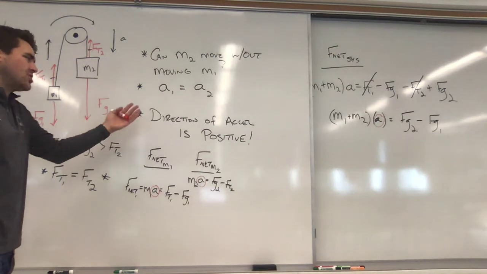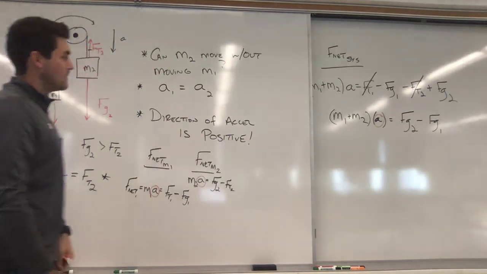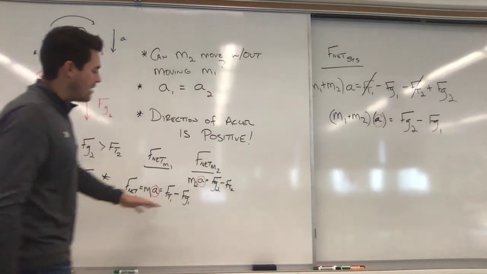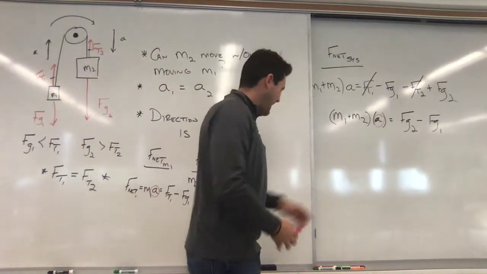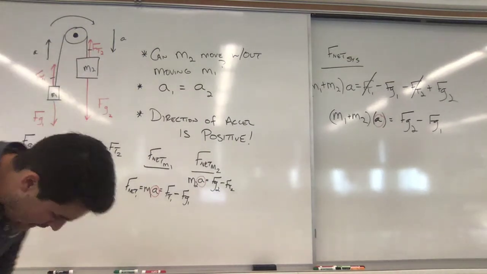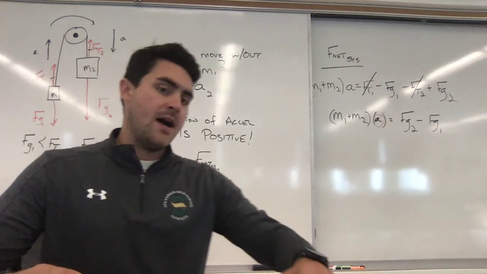I remember to take the direction of acceleration as positive. That way it gets easier when I'm thinking about things going up and down. I write out my 3 F-net equations, and then I can think about and analyze those equations to determine how to solve for either acceleration or tension in my system.